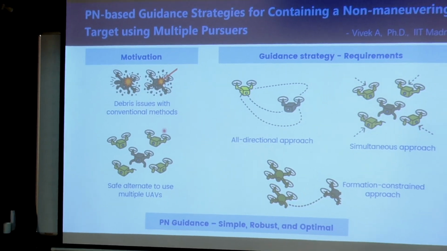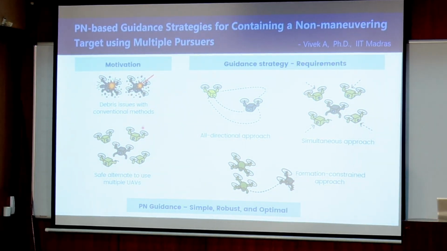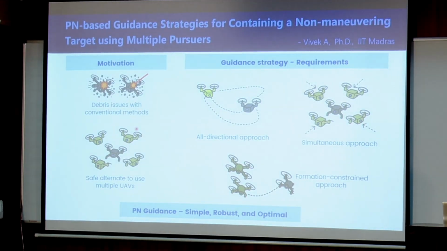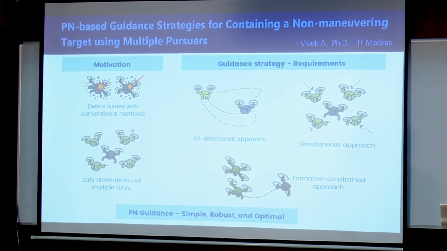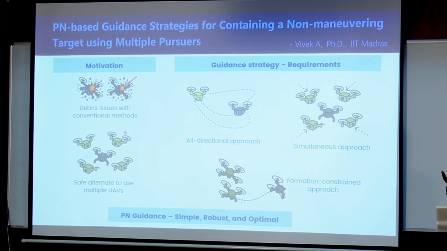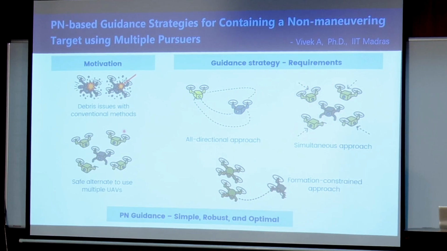So one viable alternative is to send a team of UAVs to contain the threat UAV and safely guide it away or capture it using a net. But that is also not an easy task; it comes with its own challenges. First, the individual UAVs have to approach the target UAV from any desired direction.